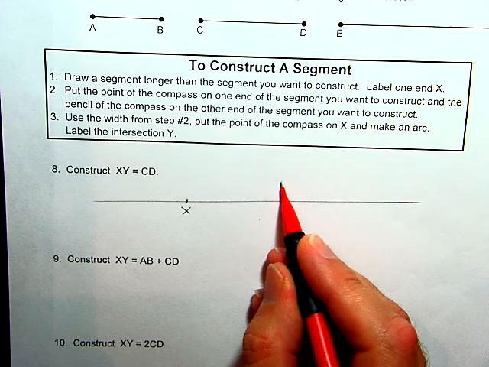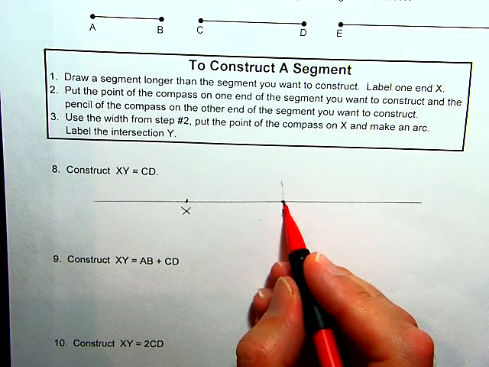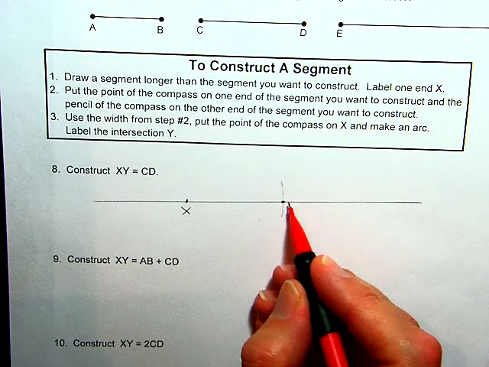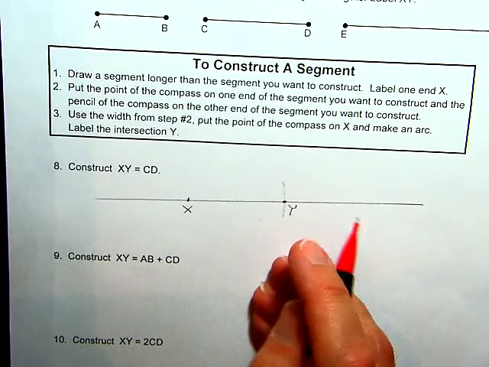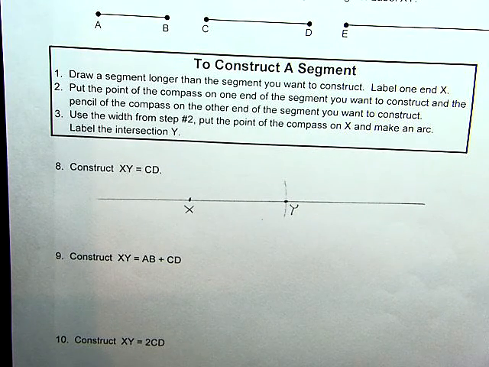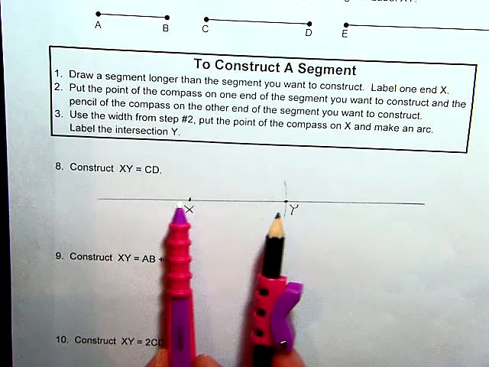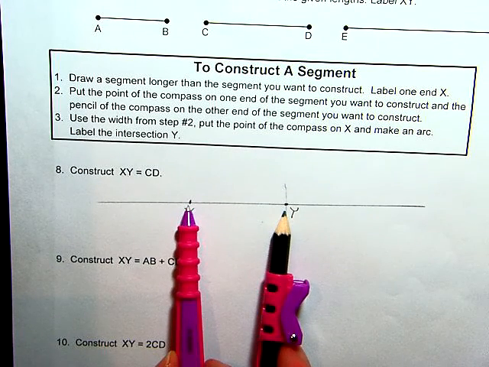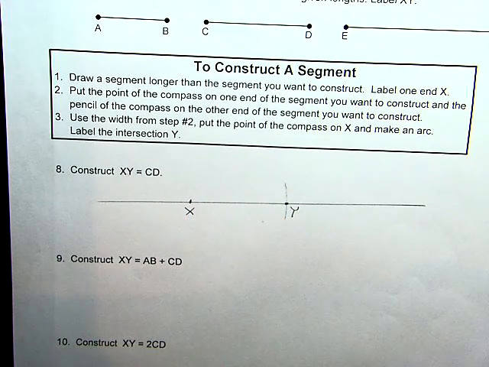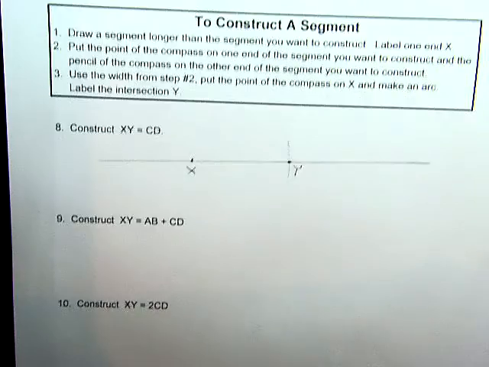Where that arc, that part of the circle that I drew, intersects the line is going to be point Y. So we have now drawn a line segment XY where the size of XY is exactly the same as the size of CD. Let's go to number 9.